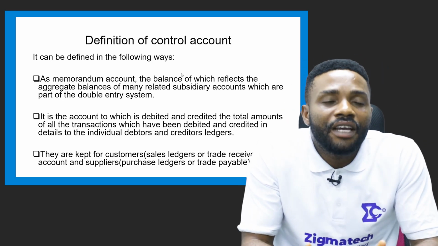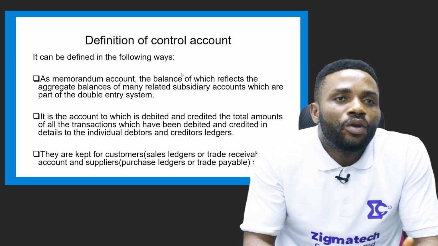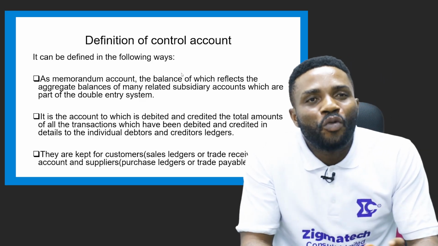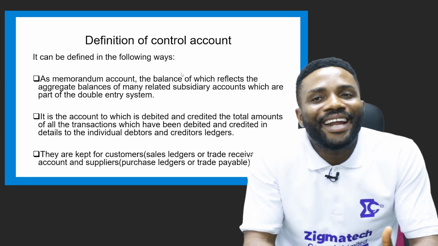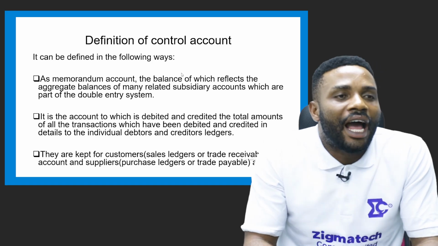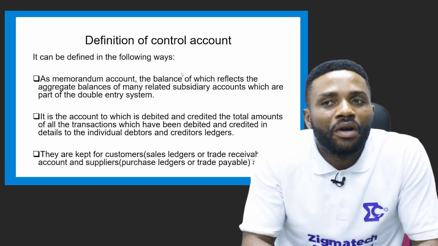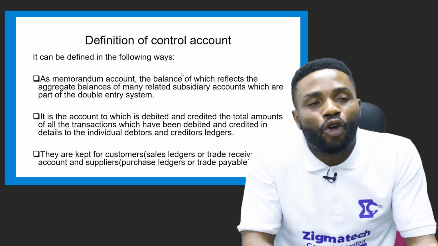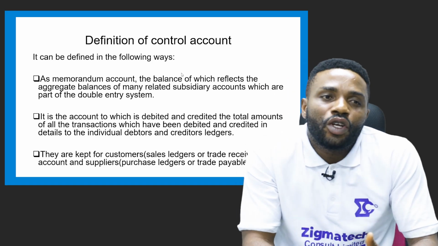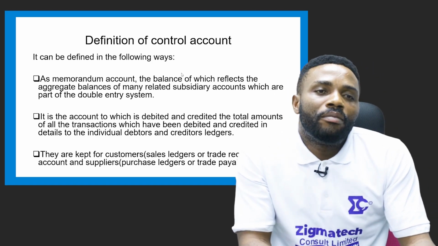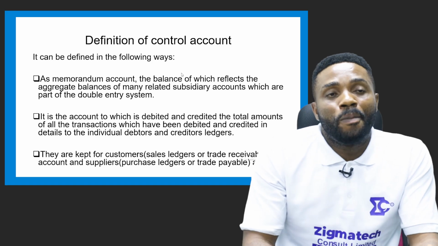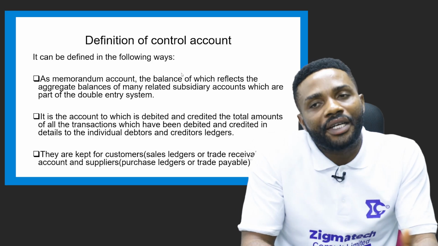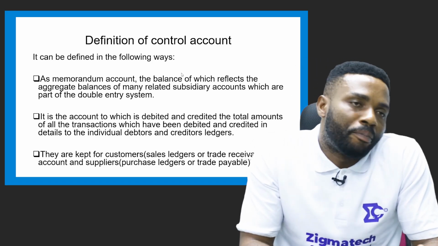So if the business goes to the market to get items, products, or goods without making payment or without exchanging something of value, at that point, the person you are buying the things from becomes a creditor to the business, because you are buying from somebody, you are not paying the person. So that person is a creditor to the business. You can either call them creditors or you call them suppliers.